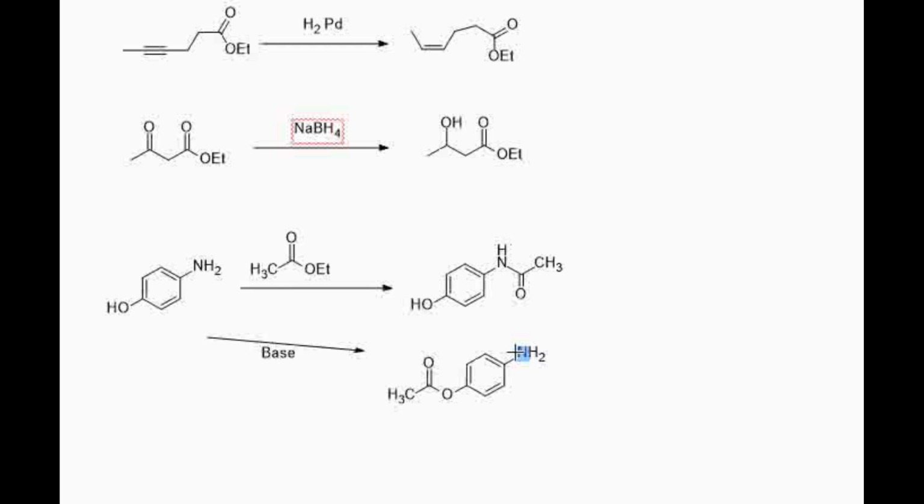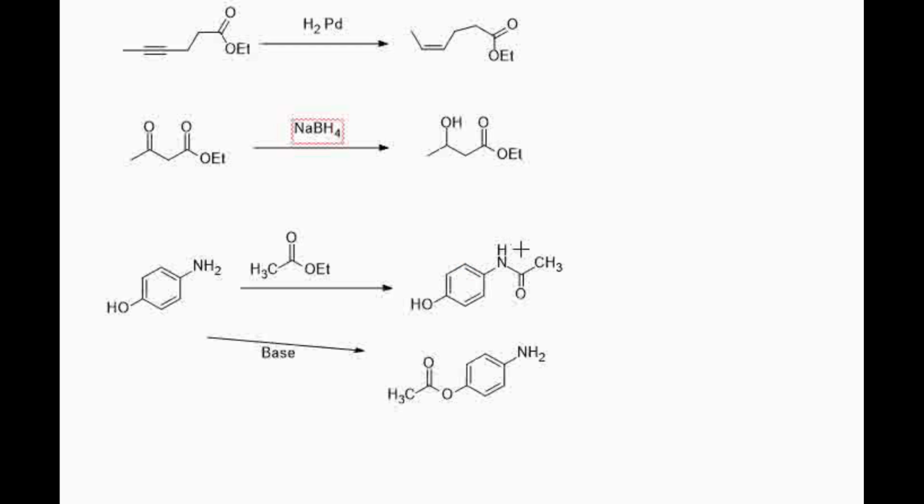So why does this happen? Because we know that both amine and alcohol group have lone pairs which can be donated to the carbonyl center. But the donation tendency is more in case of amine if you compare it to alcohol.